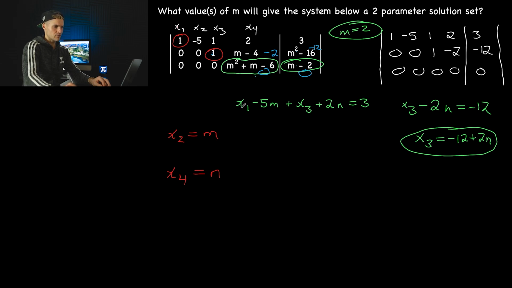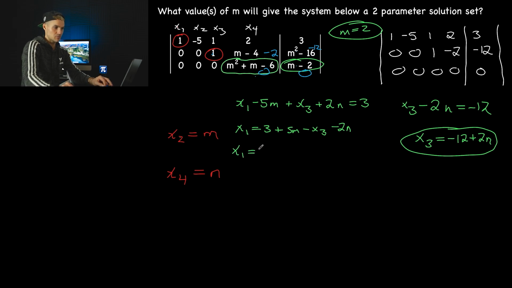And then over here, if we isolate for x1, we'll have x1 is equal to 3 plus 5m minus x3 minus 2n, if we bring everything over instead of keeping the x1 on the left side. And then for this x3, we could plug in this expression -12 plus 2n. So what would happen?